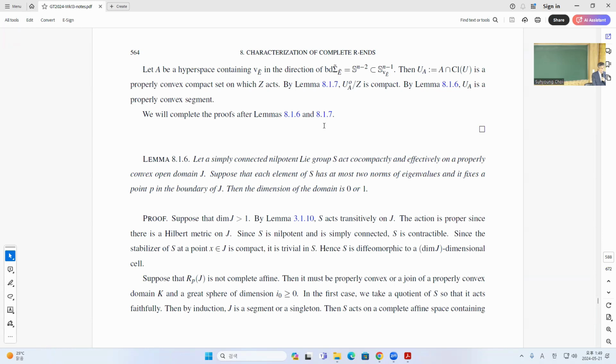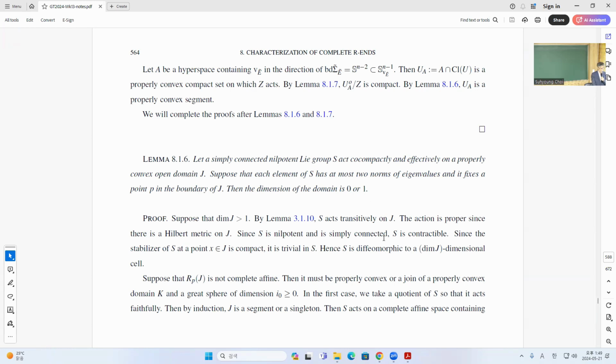Okay. So now we will complete the proof later after this proof, and the 8.16 is a bit complicated, but anyway, we show that this group, so let's say S is the group acting on a properly convex domain. It has only two norms of eigenvalue, then actually it has to be dimension 0, 1.